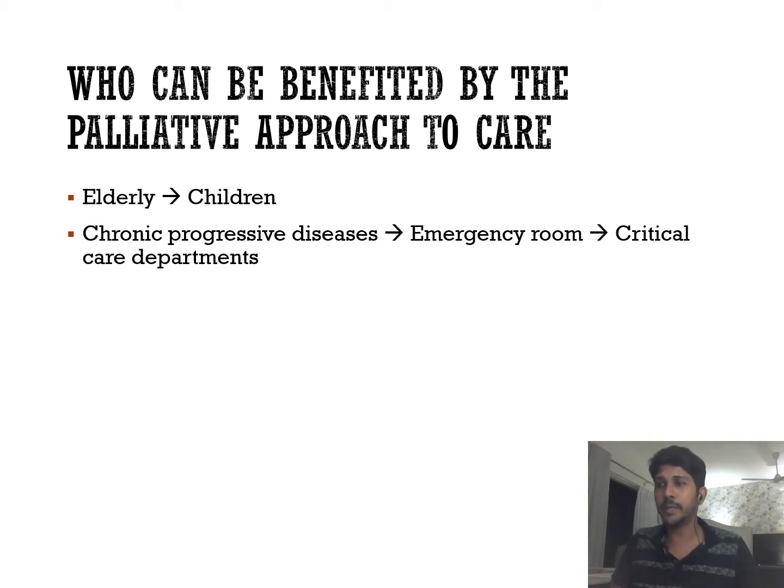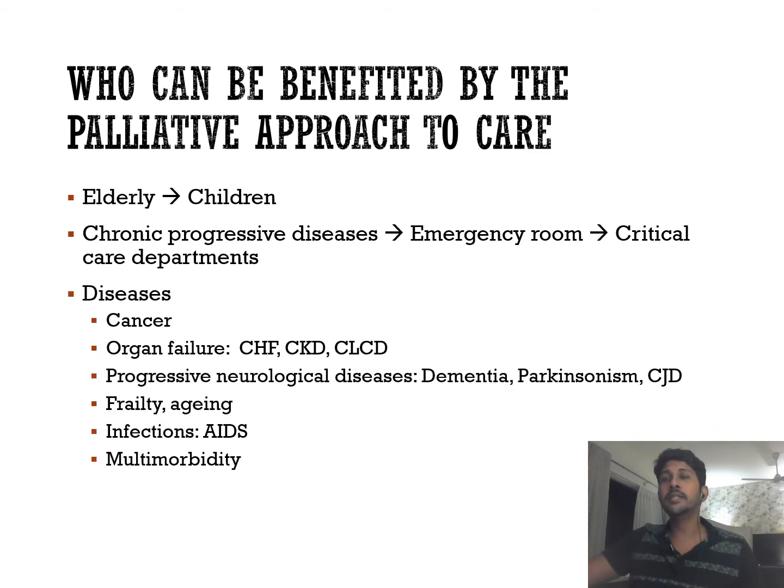And then what forms of diseases? This is very important to know. What forms of diseases are suited to receive palliative care? So at its inception, palliative care was mostly directed towards patients with cancer. That is the most dreaded form of life-limiting illness as far as the people are concerned.